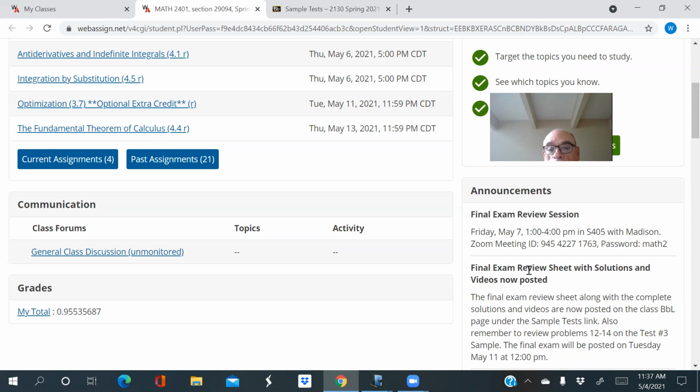The YouTube videos are not, but the MediaSite videos are. I tried a few and they worked fine, but if they're not working, I can't fix it. You'll just have to look at the written solutions, because I don't have access to MediaSite, so I cannot correct that, unfortunately. But hopefully they should work fine.